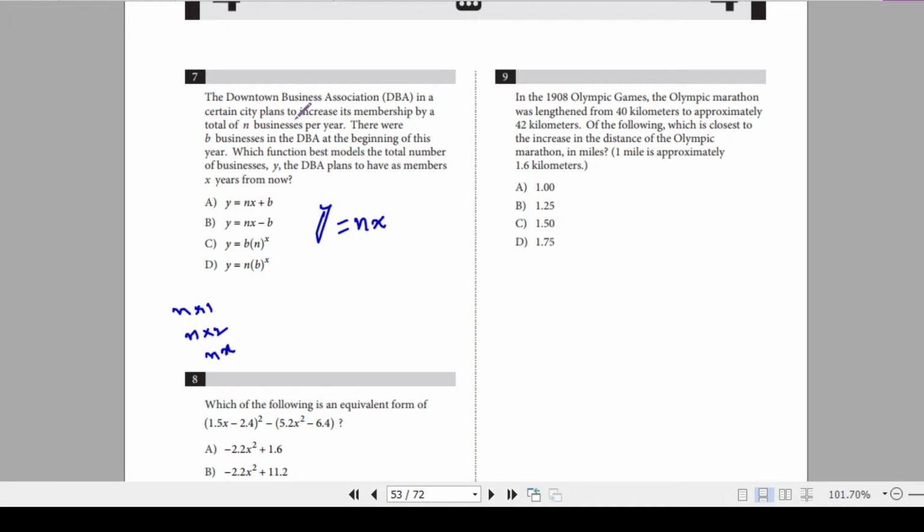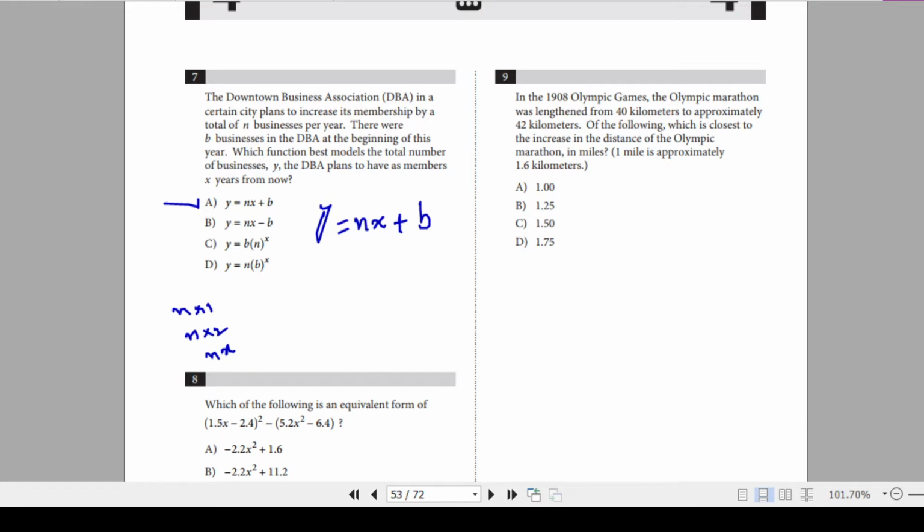There were B businesses already at the beginning of this year. So those B will be kept adding in that. So after X years, there will be NX plus B total businesses. Okay? So this is your answer. Y is equal to NX plus B. This is A. Okay?